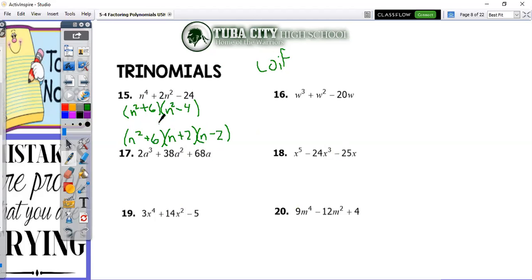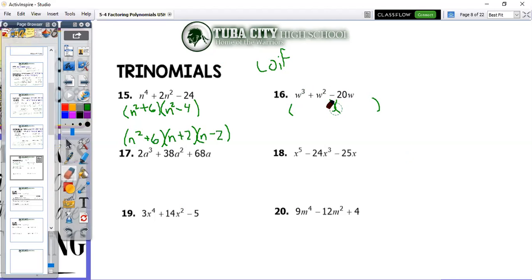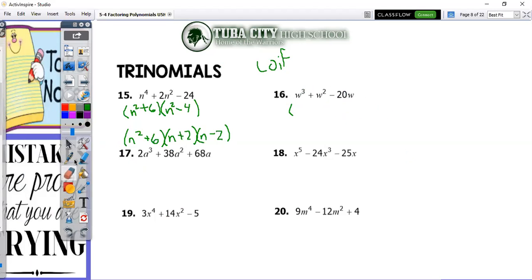All right, continuing on, let's go to number 16. So here, if we try using our double bubble, it probably won't work out, because I have here w to the 3, and I would need two numbers that multiply to 20w. And it's not impossible. Actually, looking at it, I think you can do this.